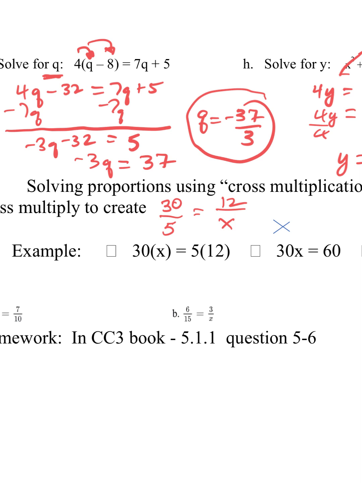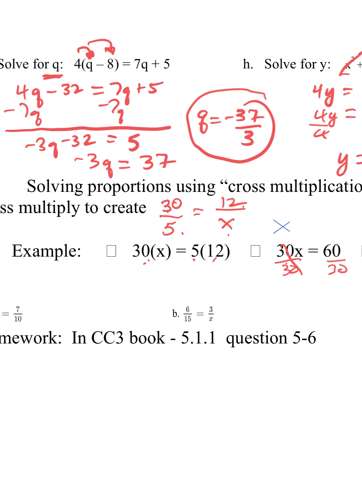So you cross multiply: 30 times x, you get 30x, 5 times 12, you get 60. Divide by 30, so x equals 60 divided by 30, which is 2. Okay, so that's how you cross multiply.